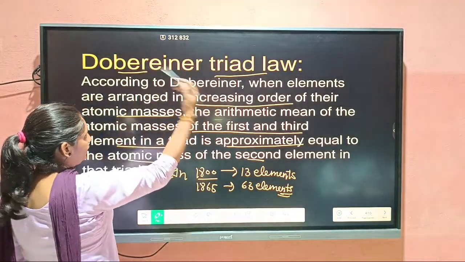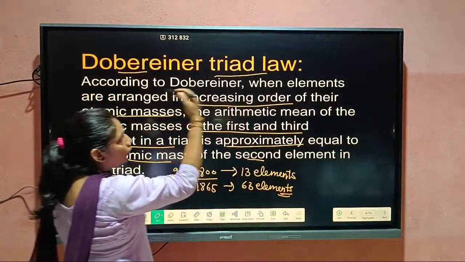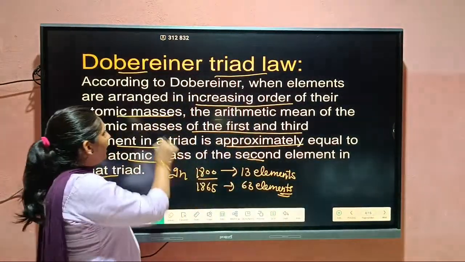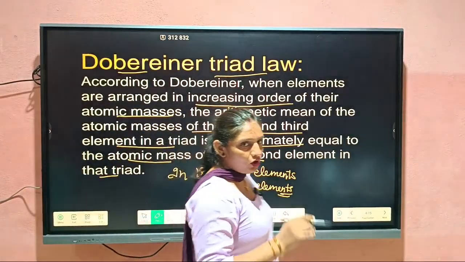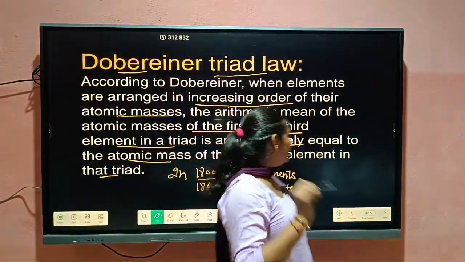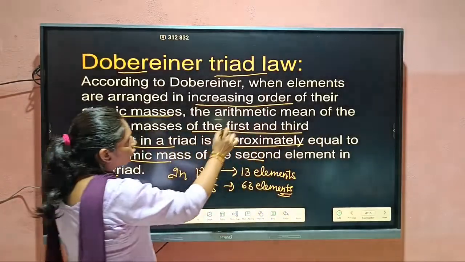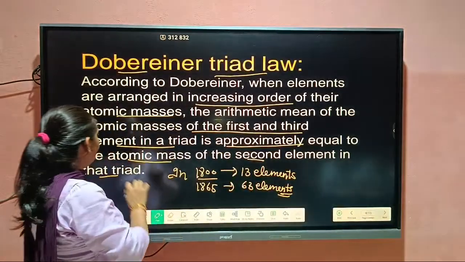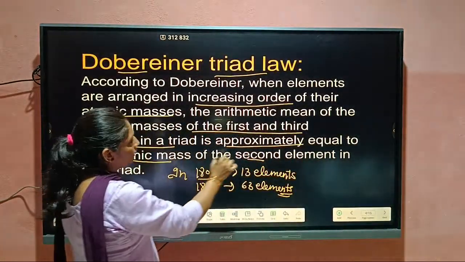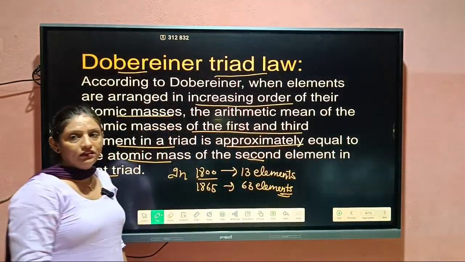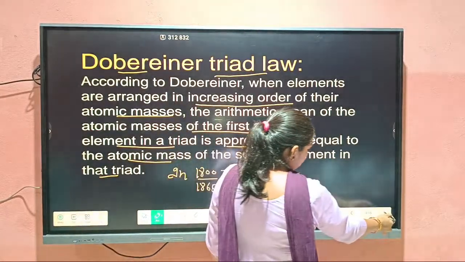Dobereiner Triad law states that when elements are arranged in order of increasing atomic mass, then the arithmetic mean of the atomic mass of the first and third element in a triad is approximately equal to the atomic mass of the second element in the triad. What do you mean by this?